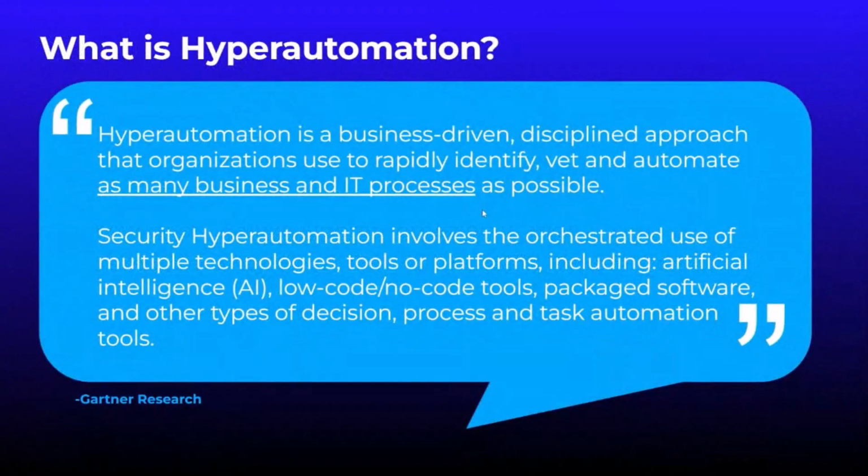Some of you may be familiar with things like SOAR or other automation tools. If you're not familiar with the term hyperautomation, this is a good working definition provided by Gartner. The notable difference is that hyperautomation has more to do with bringing together IT processes and business processes, uniting the workflows rather than just automating in one area here or there.